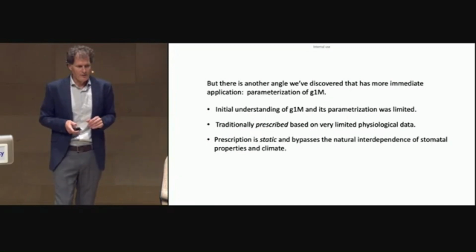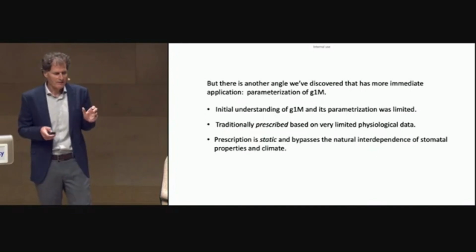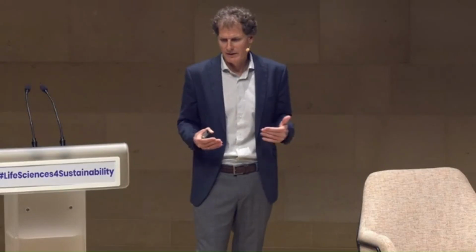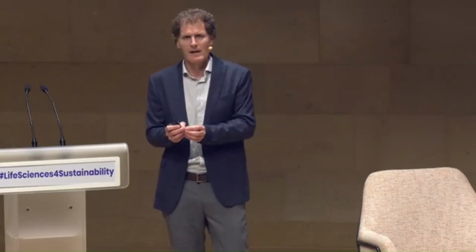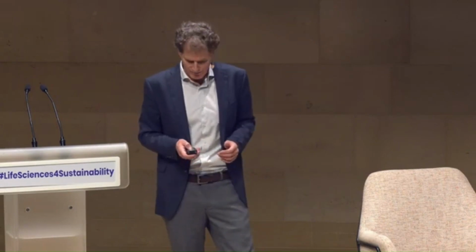Traditionally, that constant has been prescribed and based on very limited physiological data. There are ways to go out with instruments and actually measure on a single leaf what the G1 value is for a particular type of vegetation.